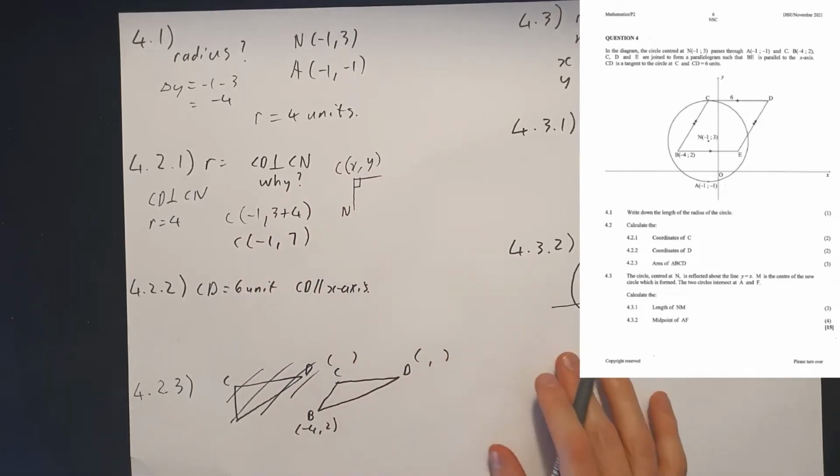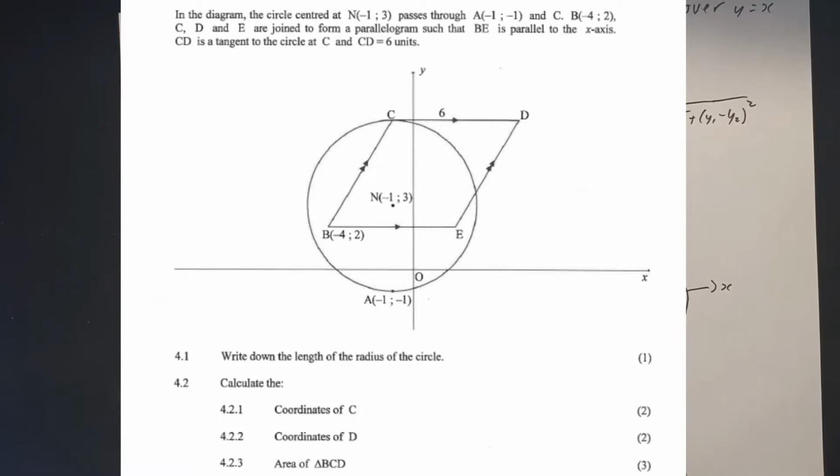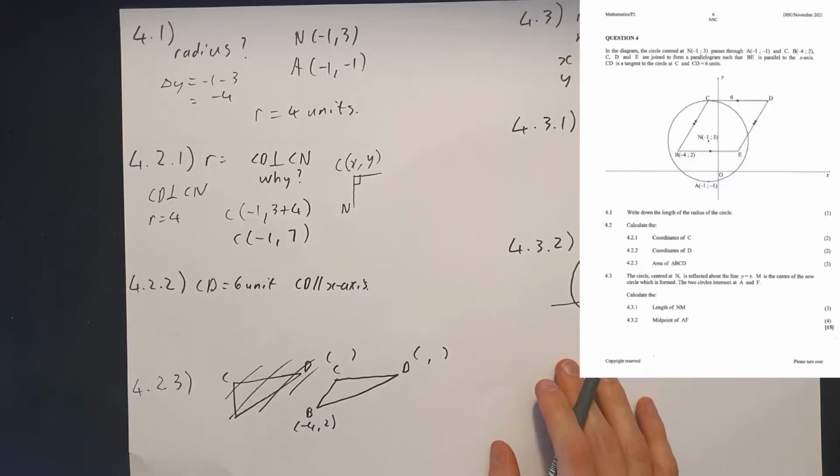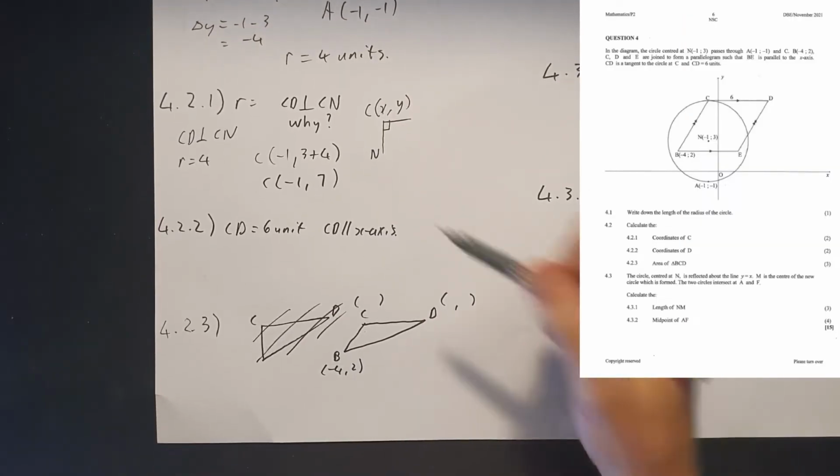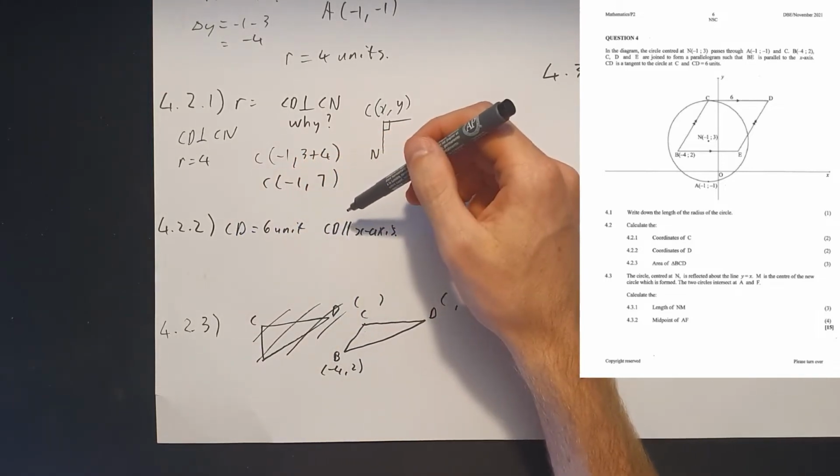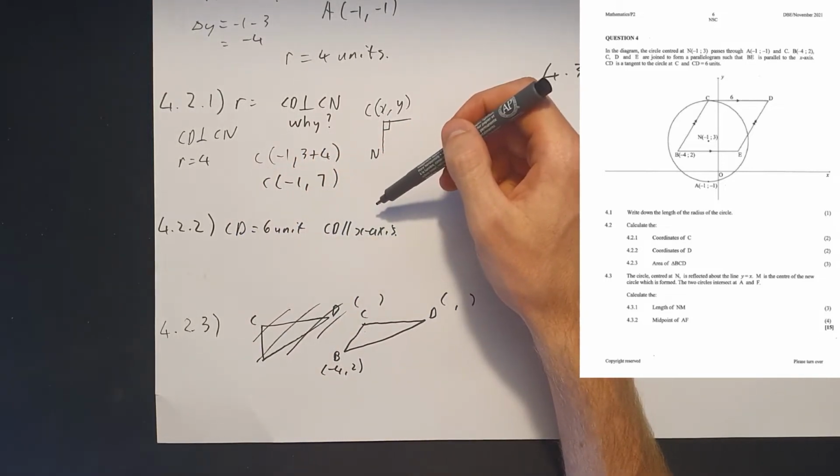Now 4.2.2 asks you the coordinate of D. D is perfectly in line with C, plus we know that CD is 6 units and CD is parallel to the x-axis.